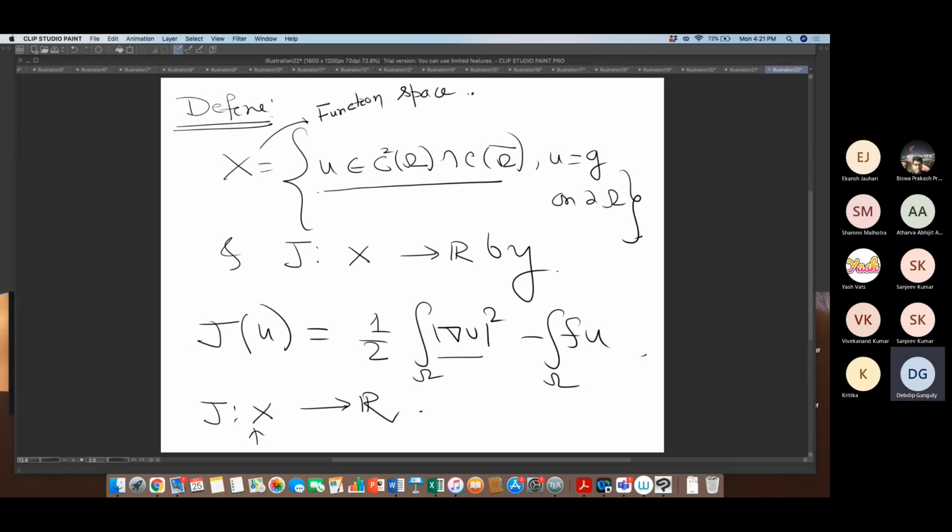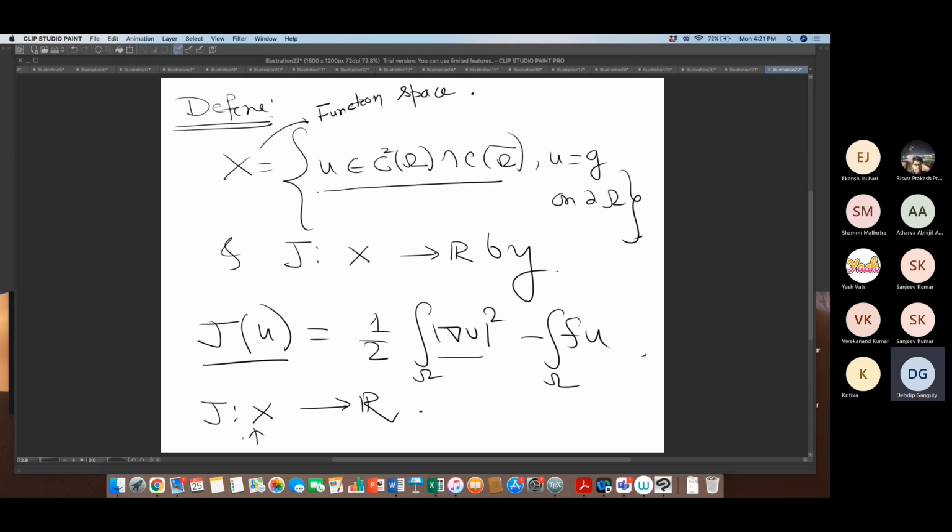So I have defined a function J, and you will see what this function is. Is J a continuous function? Is J continuous?